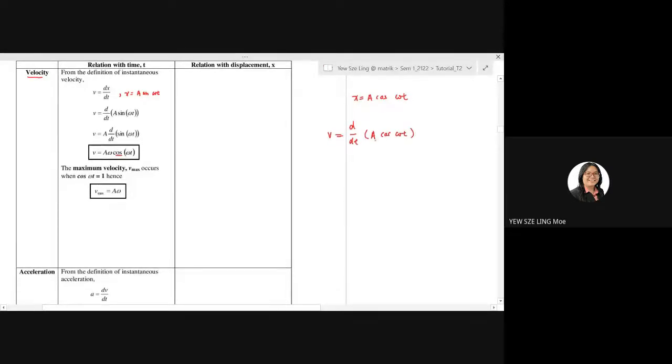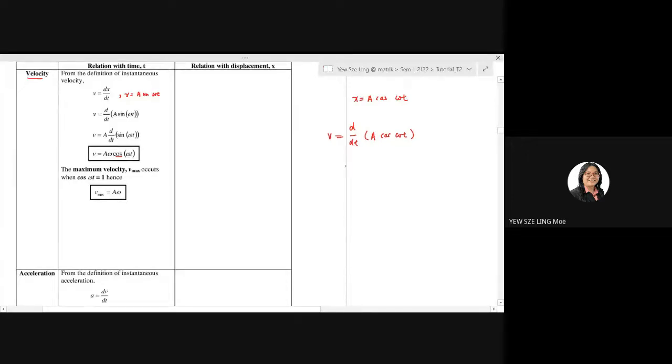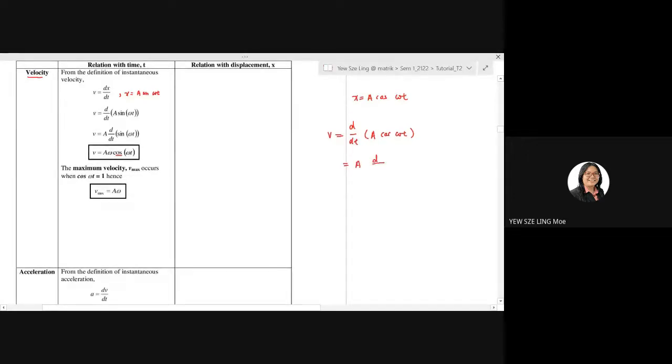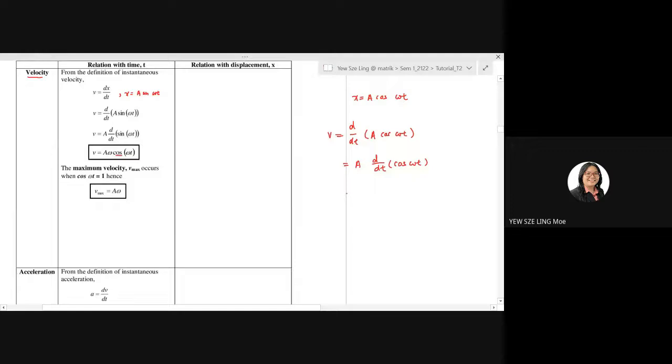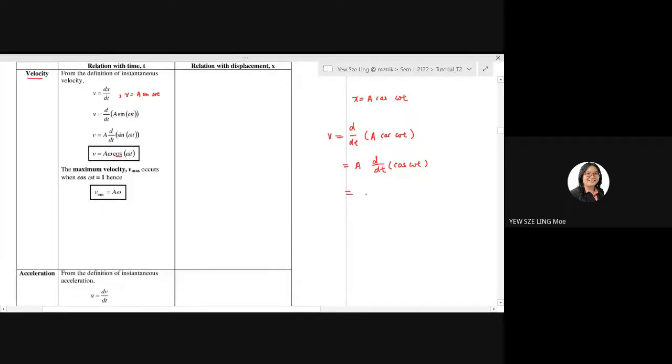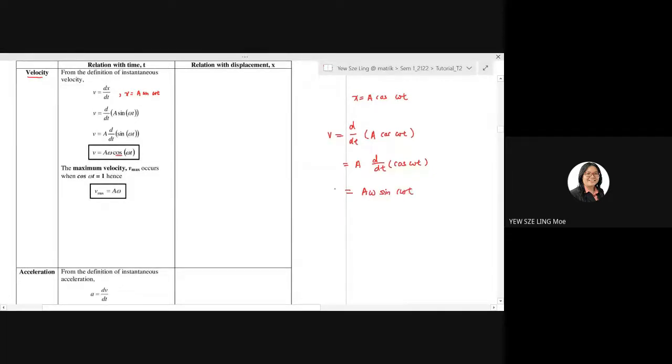A has nothing to do with time, therefore you can take it out first. You differentiate cos, it will give you sine, and then omega you take out. So you have a omega sine omega t. This is if questions give you cos.